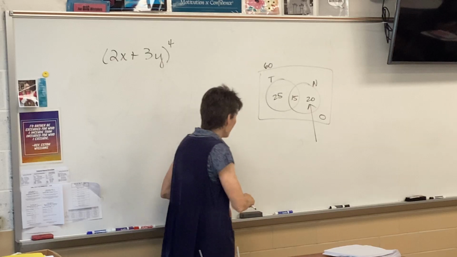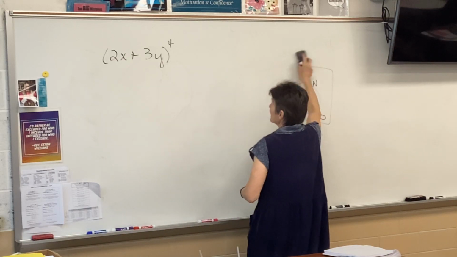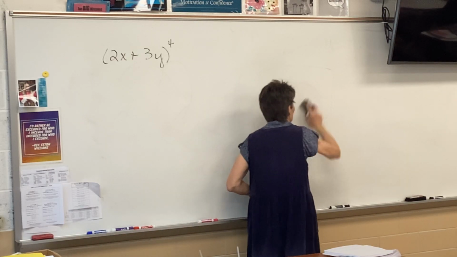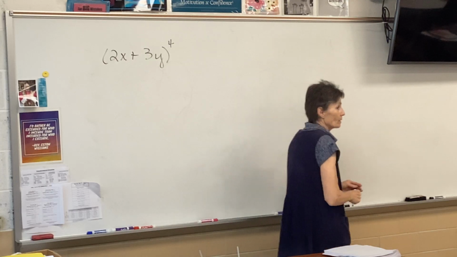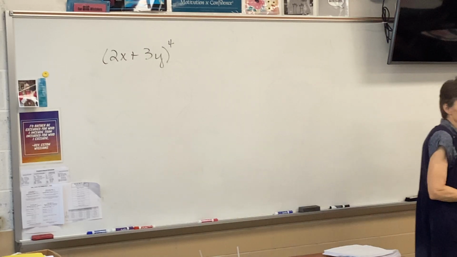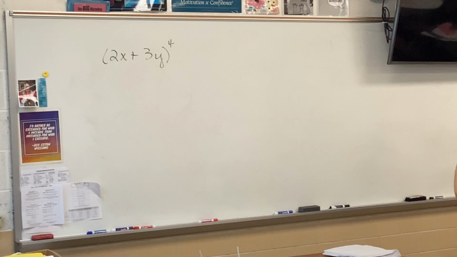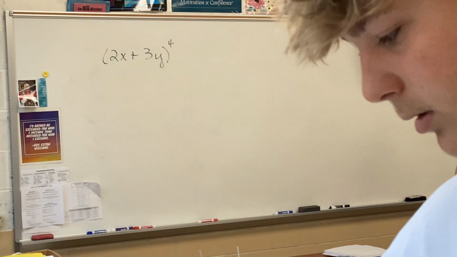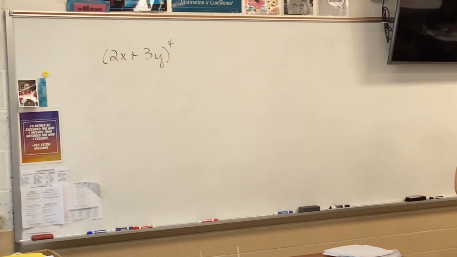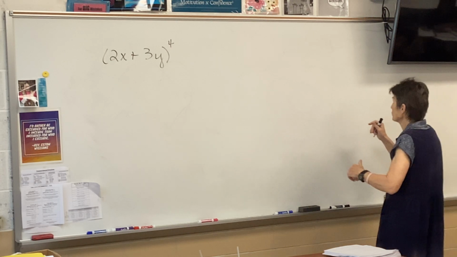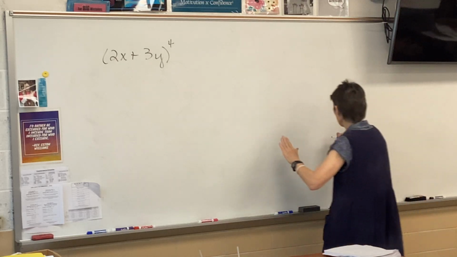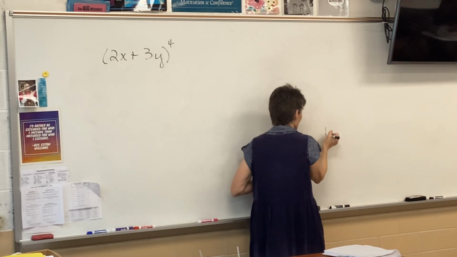Switching gears, now we're going to expand this. Who remembers the steps to expanding this? So we'll build our Pascal's triangle, right? Let's recall how we build that. We build that by starting with 1 and 1.